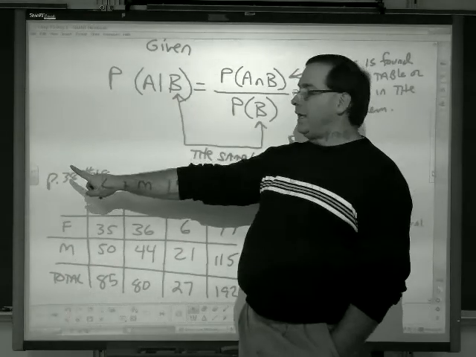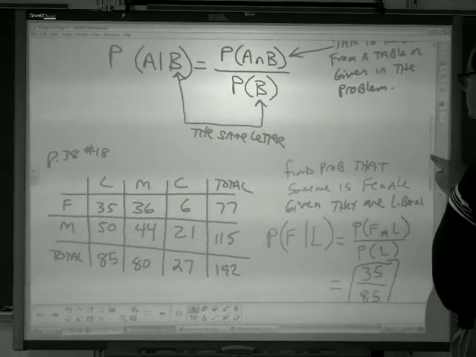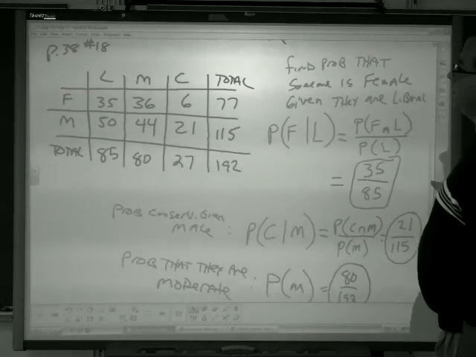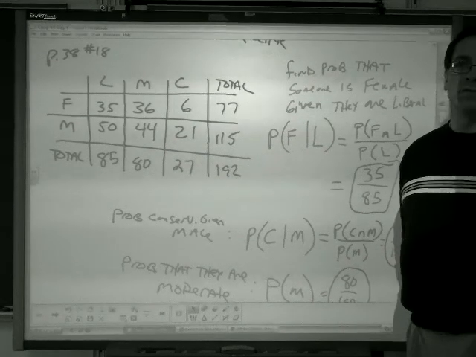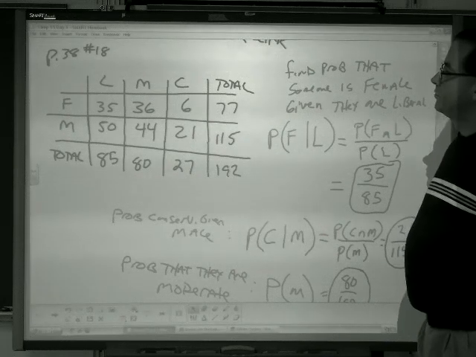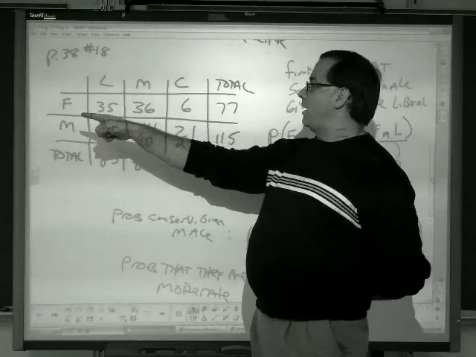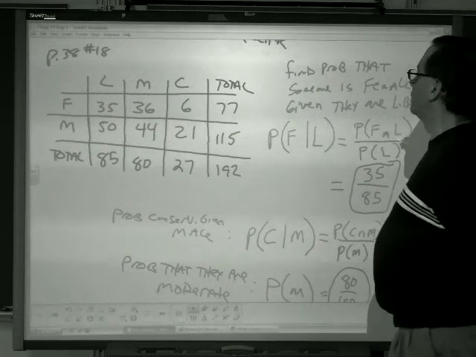So if we take a look at page 38, number 18. Page 38, number 18, deals with liberals, moderates, and conservatives. It's that same table we used from chapter 3. And we had females and males, and there was a table about whether they were liberal or moderate or conservative.